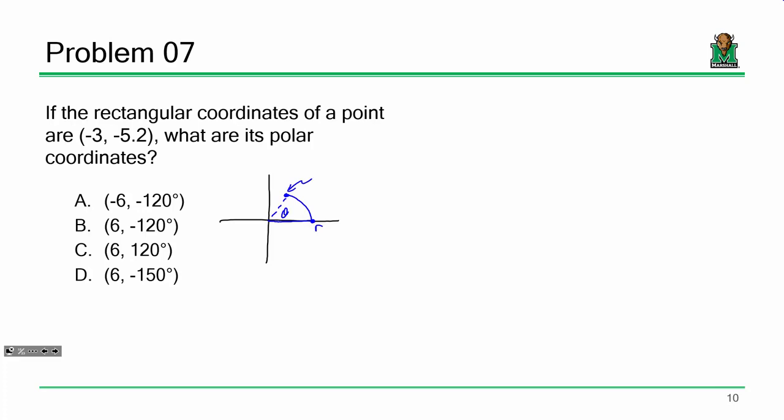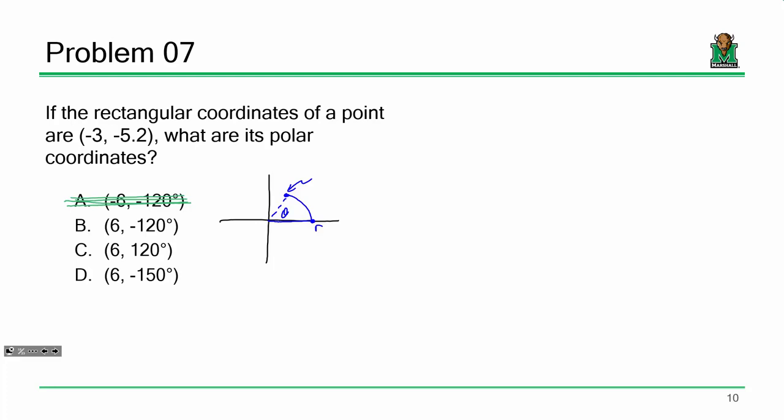So r, by its very definition, can never be a negative number. So my point is, regardless, that is not the answer. Make sense?